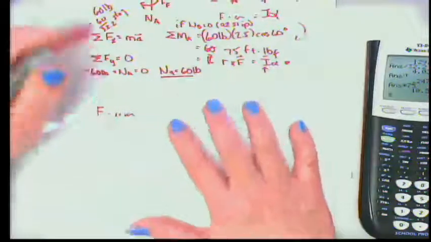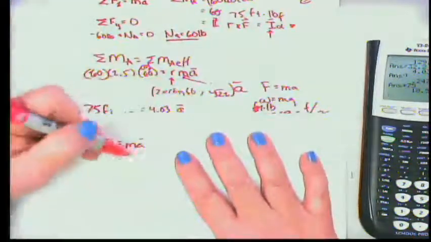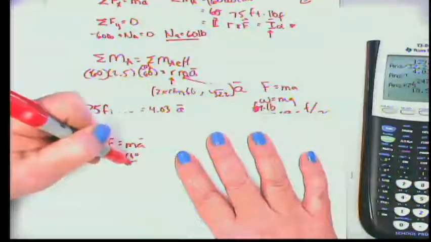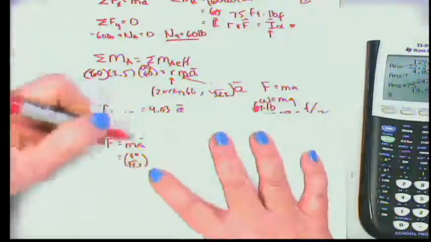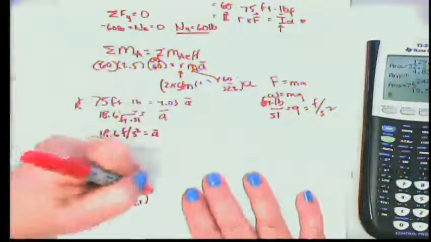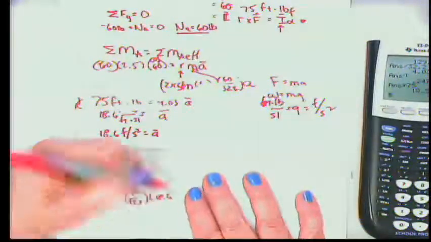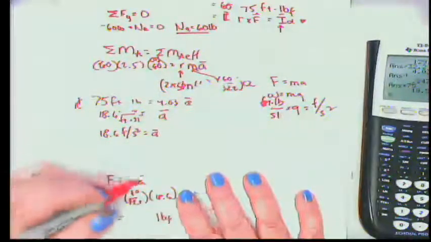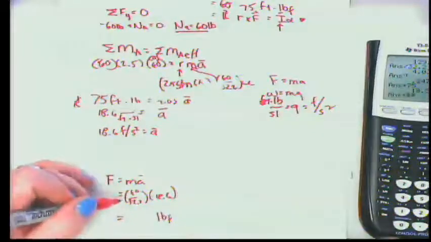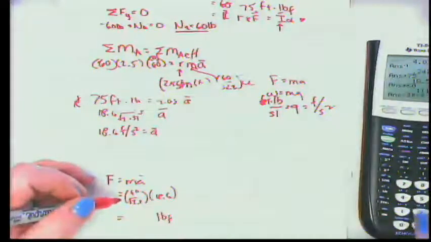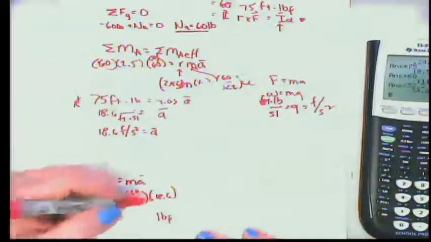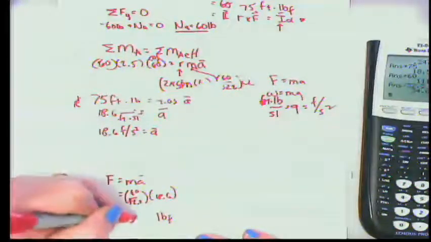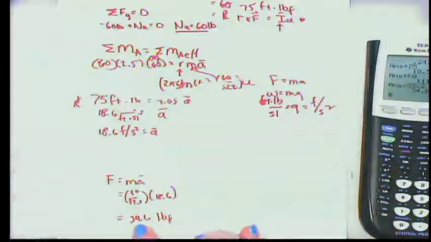So my mass is, once again, 60 divided by 32.2, and my acceleration is the 18.6 feet per second squared. Slug feet per second squared is a pound of force. So if I multiply those two numbers, I get 34.6 pounds of force. That means I need to have 34.6 pounds of force here.